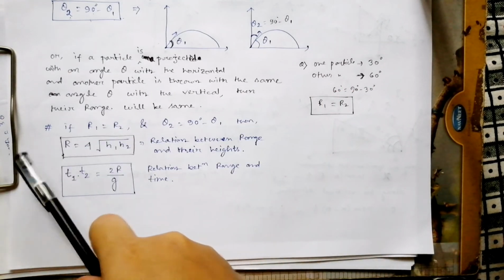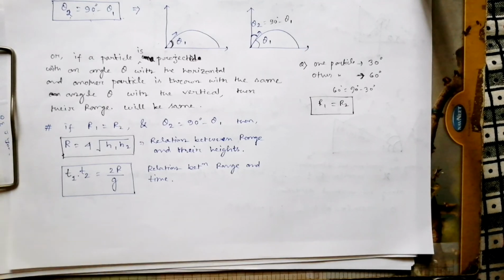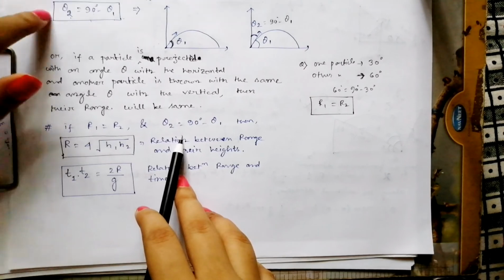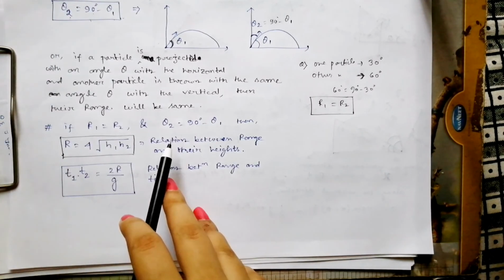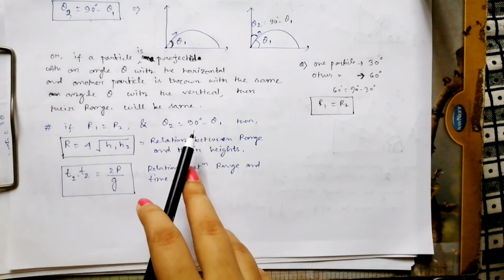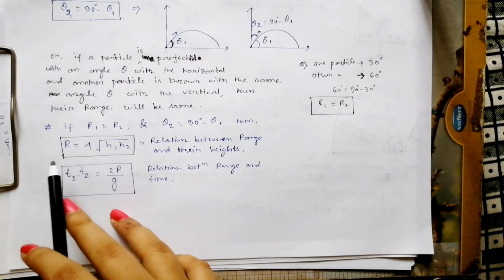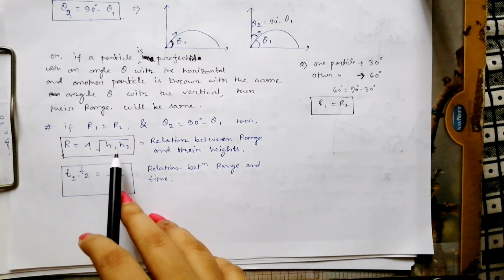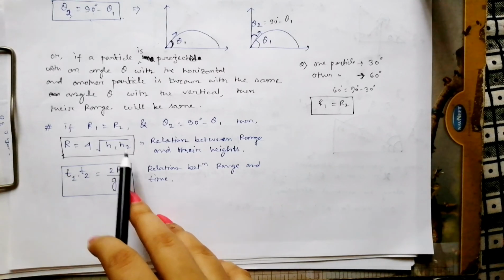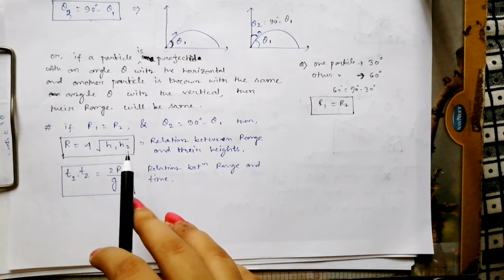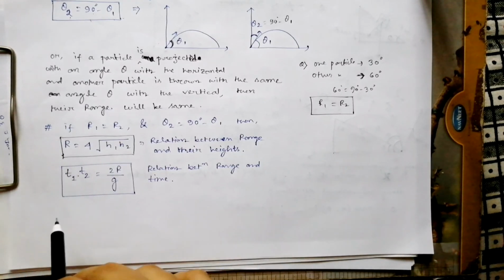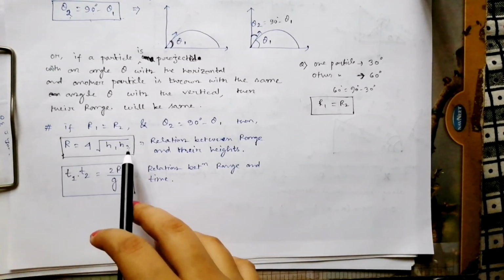Now there is one more piece of information: if their range is the same and their angles are as we have arrived before, then what is the relation between their heights? If h1 is the maximum height attained by one particle and h2 is the maximum height attained by the other particle, then the relation is r equal to 4 root h1 h2.